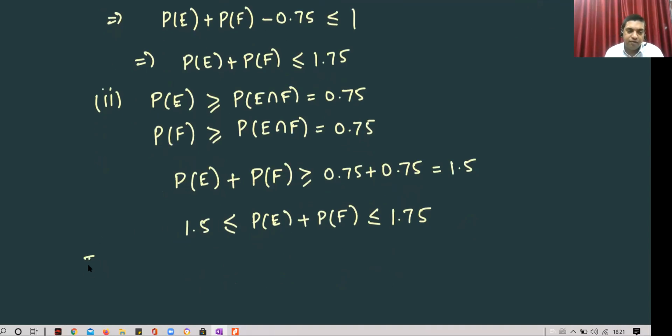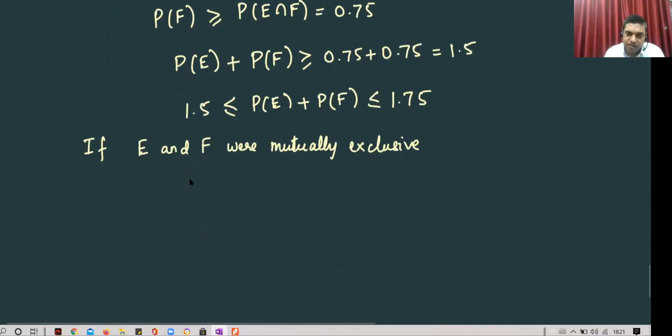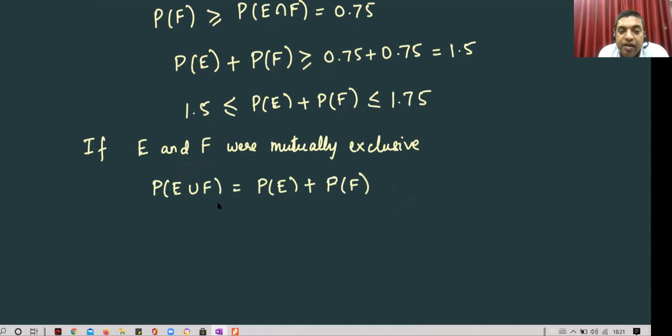Now, if E and F were mutually exclusive, then P of E union F will be equal to P of E plus P of F, and this cannot exceed 1. All right.